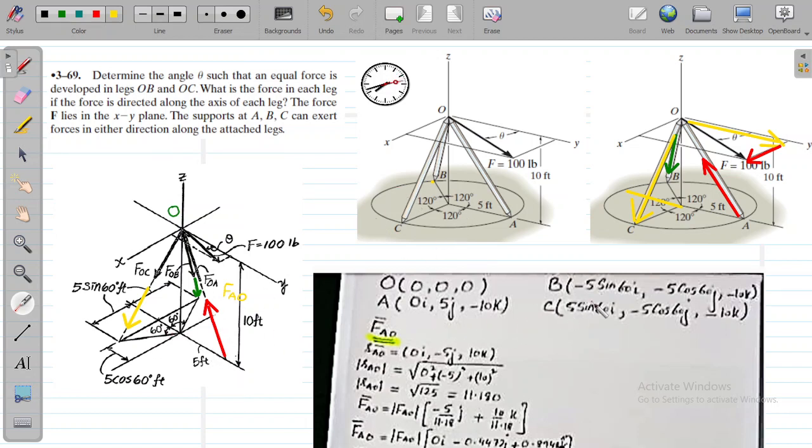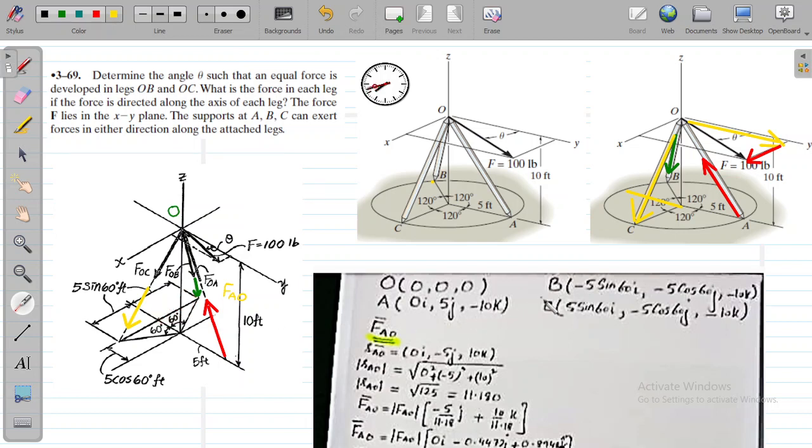This is very important: this is 60 degrees, so this straight line will be 5 cos 60, where 5 is the radius, and this horizontal line parallel to the x-axis is 5 sin 60. Just look at this triangle: this is 5 cos 60, this is the radius 5, and this is 5 sin 60.